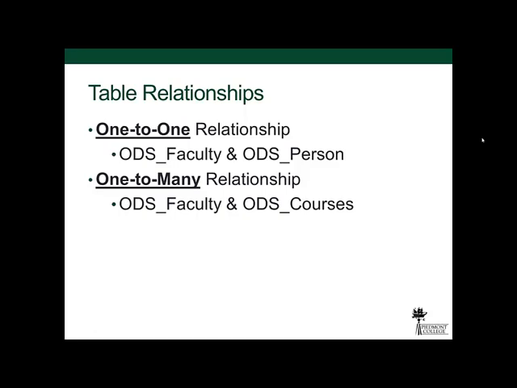And so there would be one faculty record in the faculty table, but more than one course record in the courses table. And for each course record, there would only be one corresponding faculty record, because only one faculty member teaches a course. In report writing, the type of a relationship that exists between tables is critical information.